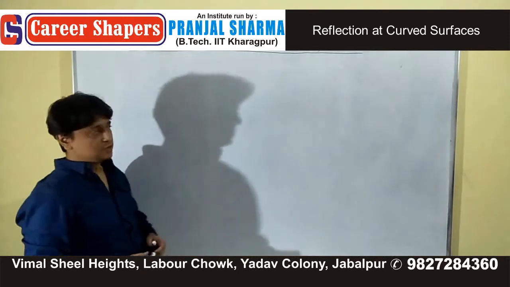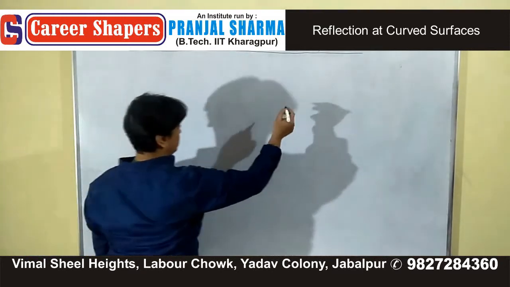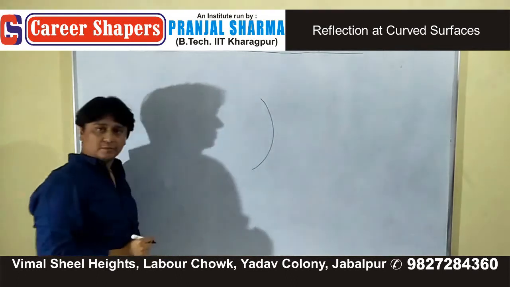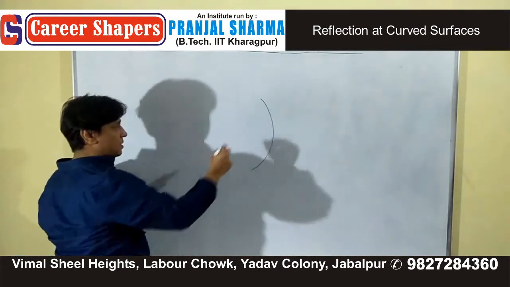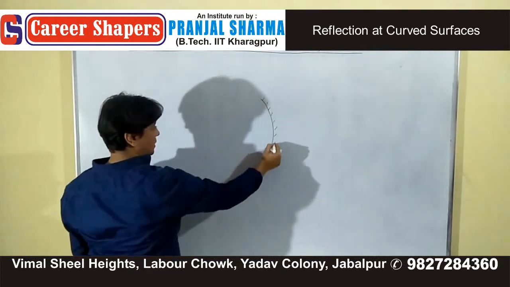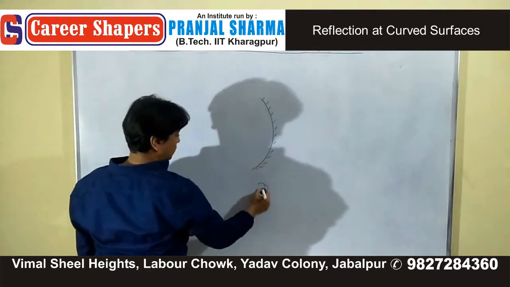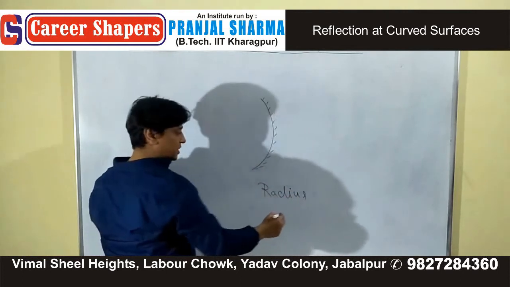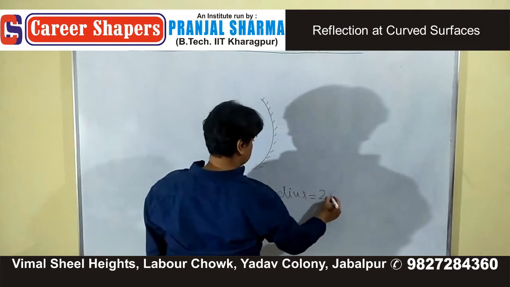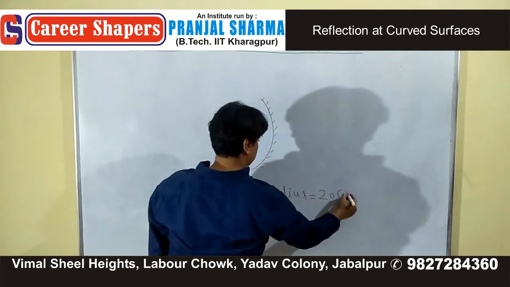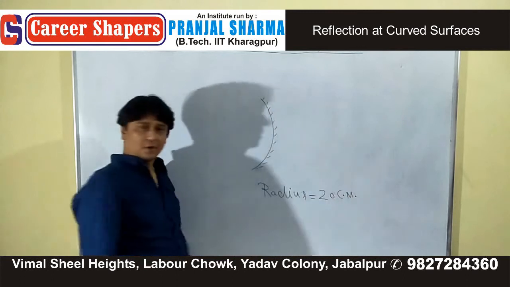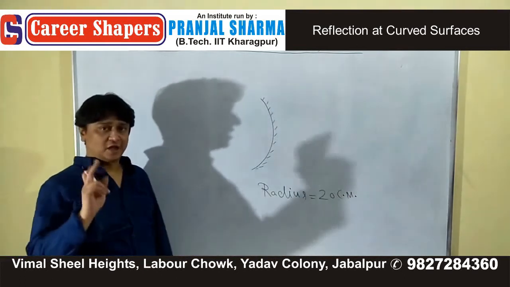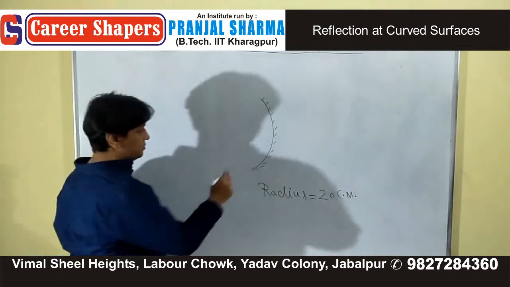Now look at these examples. Suppose they have given us a concave mirror and the question says that the radius of the mirror is 20 centimeter. They have given us the numerical value.